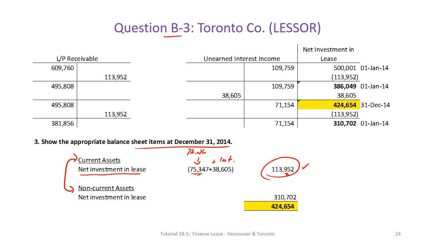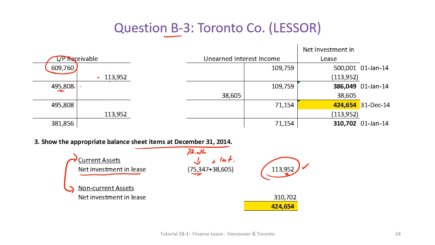And so if we trace back all these journal entries, here we see that the lease payment receivable was set up at 609,760 with an initial payment going all against the principal. Then the balance in the lease receivable was 495,808.